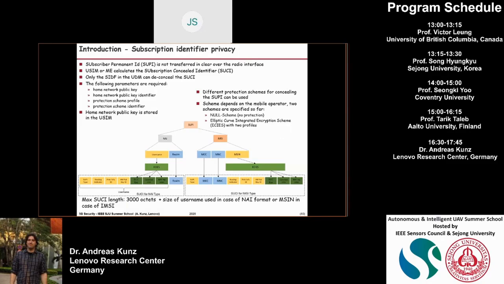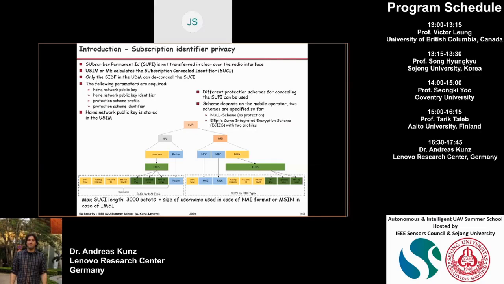And then whenever the UE makes an initial registration, it will send the subscription concealed identifier, the SUCI. In all following re-registrations, the UE gets assigned a temporary identifier, a so-called 5G GUTI, a globally unique temporary identifier of this UE, and then this is used for all the following re-registrations for mobility or for pageability.